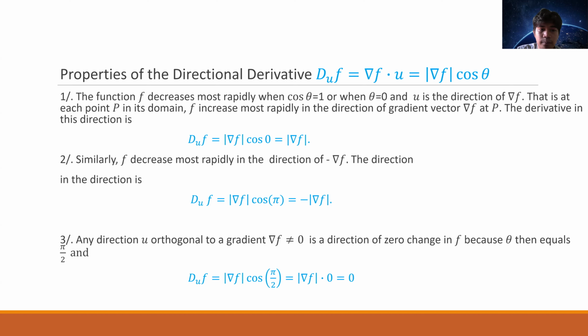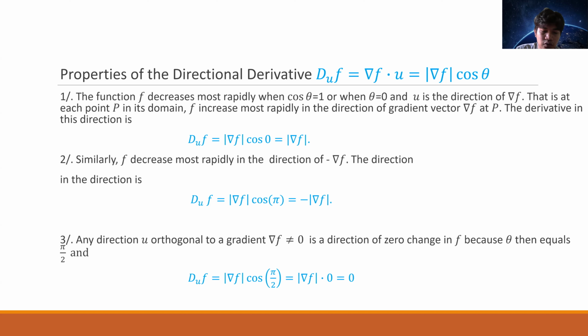Two, similarly, f decreases most rapidly in the direction of minus the gradient vector, and the directional derivative of function f in unit vector u is equal to the absolute value of the gradient vector times cos pi, which is equal to minus the absolute value of the gradient vector.